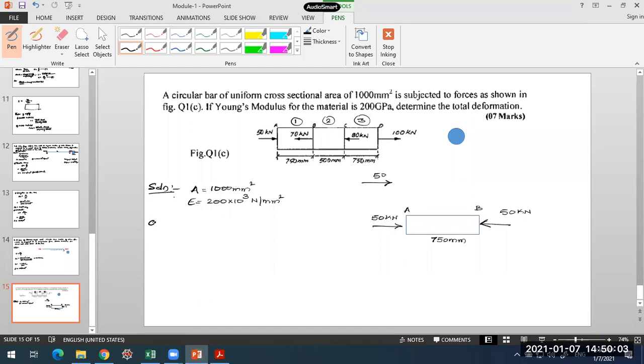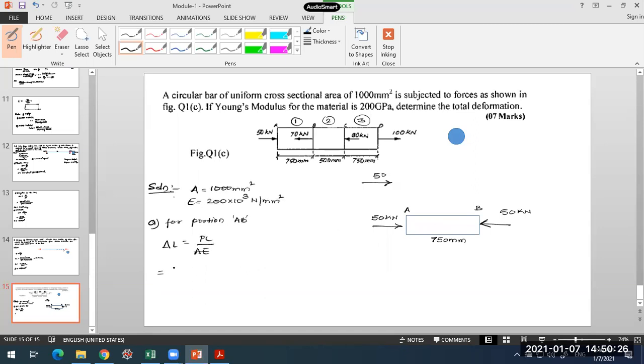So first, for portion AB, we'll find the deformation in the portion AB here. What is the delta L value? I'll use the same expression, PL by AE, and substitute these values.